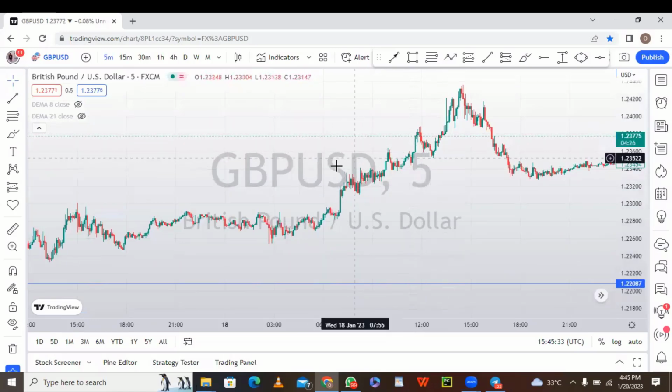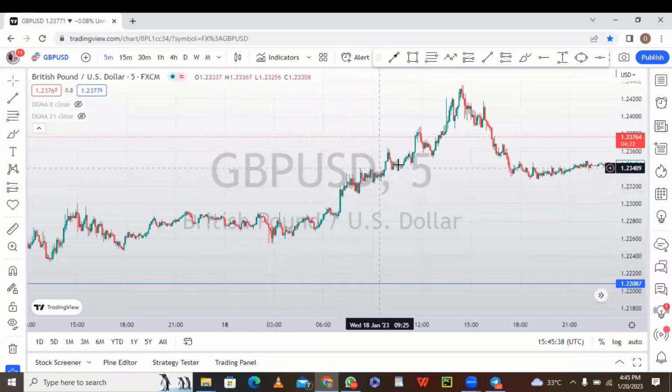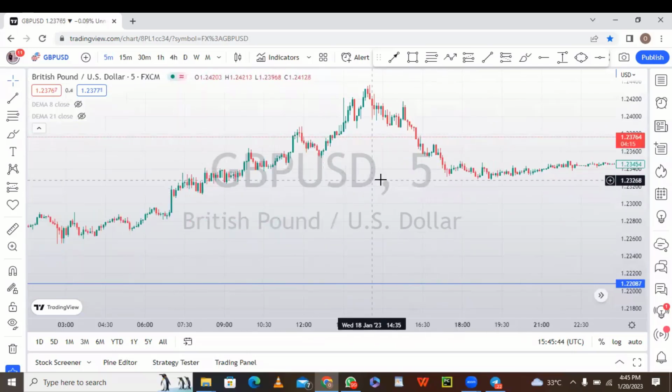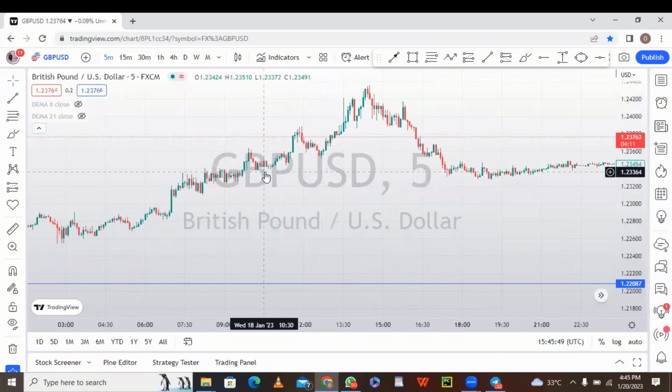So for you to be able to understand what is happening on the chart, you are supposed to understand the language of the Forex market, which is the candlestick. You should know what those candles are representing, and the ones you should be paying attention to when you are running your personal analysis and you are willing to take entry on a particular pair.